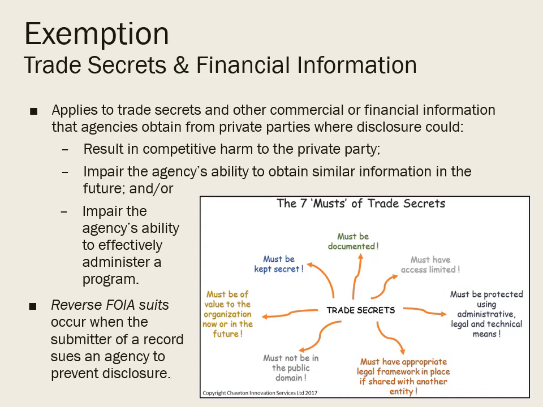Now, there are times when agencies decide they are going to go ahead and disclose this information anyway. When that happens, the owner of the information typically will sue the agency to prevent it from disclosing. We call that a reverse FOIA suit. And if it is successful, a court will quash the agency's disclosure and the information will remain confidential.